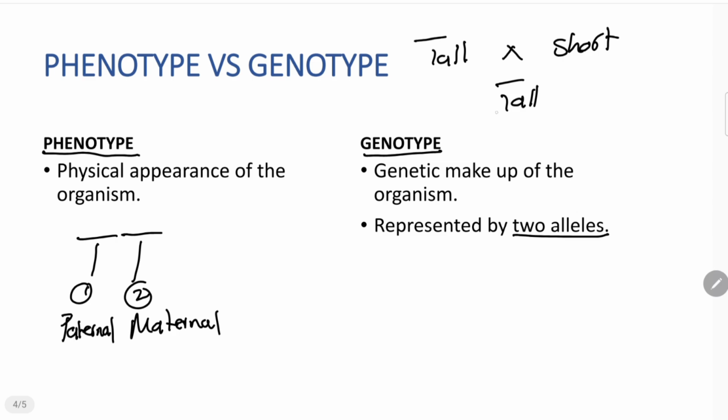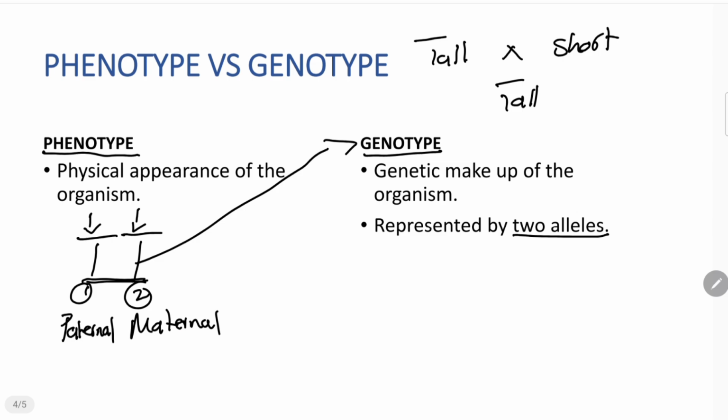So for this plant to be tall, it must receive an allele from the father and it must also receive an allele from the mother. Therefore, when these two alleles interact together, they form what we call a genotype. Hence, we're saying that each and every single characteristic is controlled by two alleles: one allele from the paternal origin and the other allele from the maternal origin.